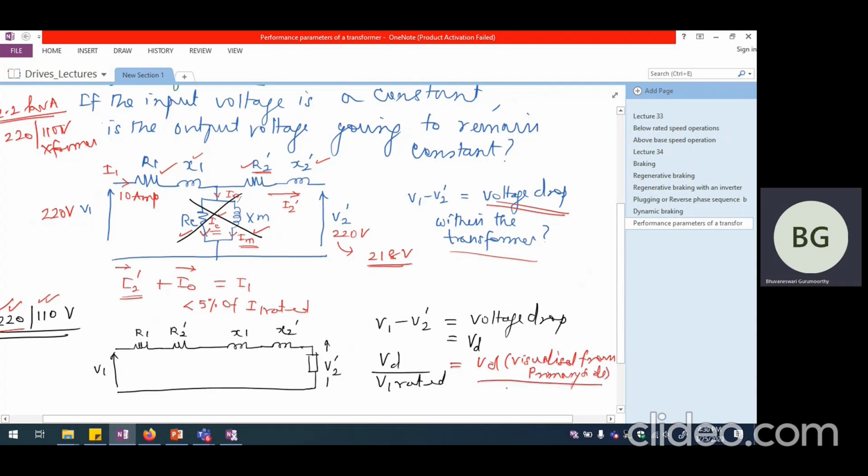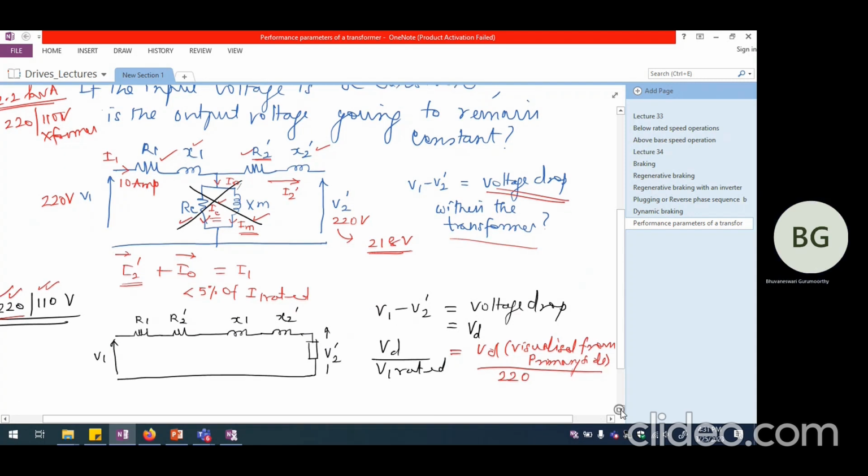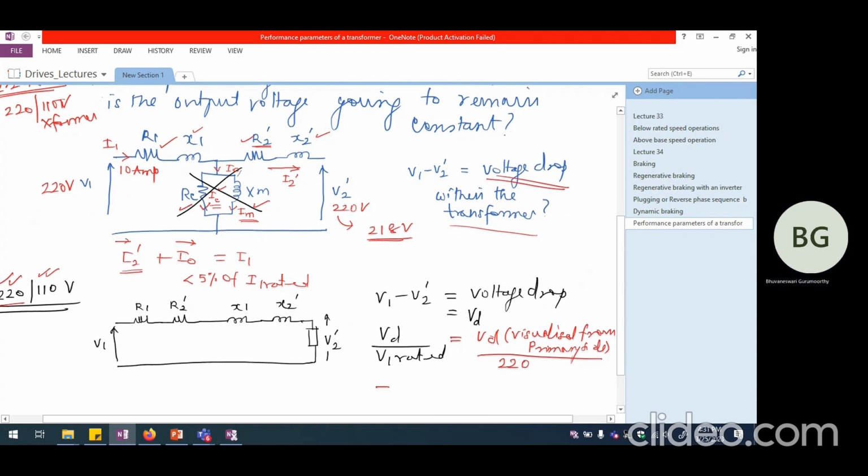divided by V1 rated. In this particular case, V1 rated is 220 volts. So this is going to give me the regulation, the voltage regulation of the transformer.